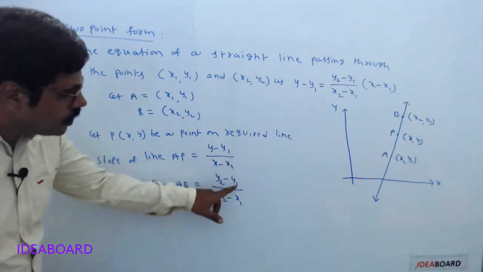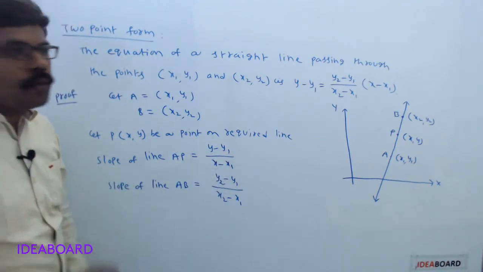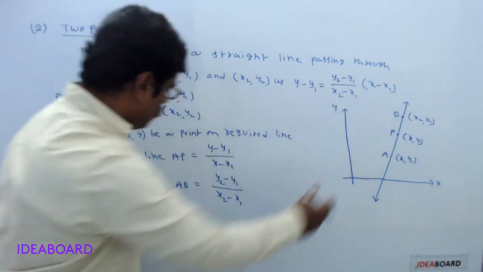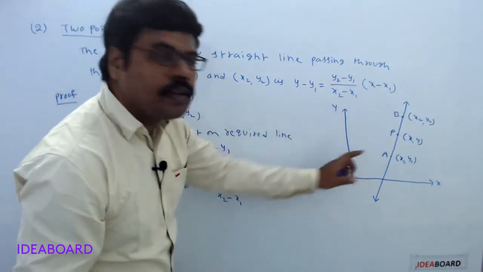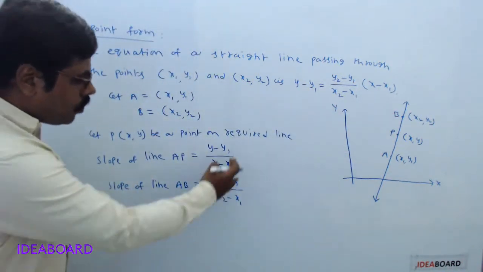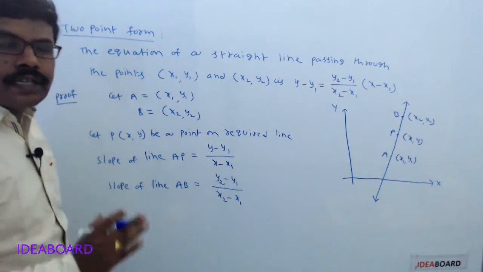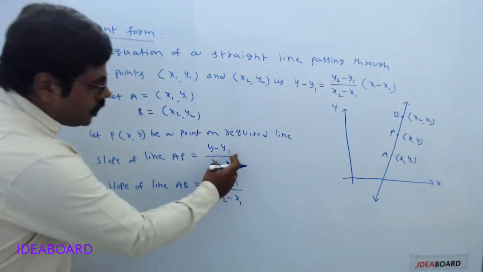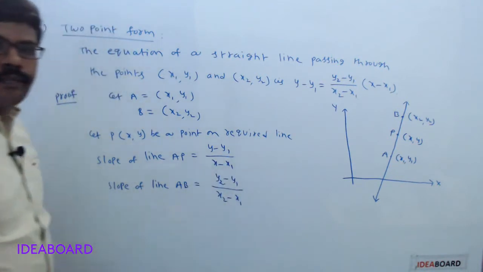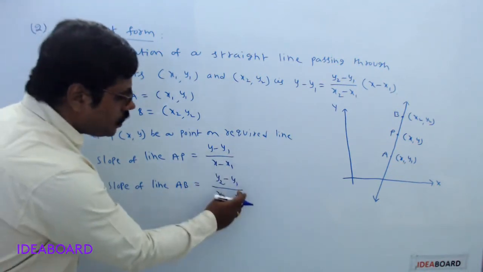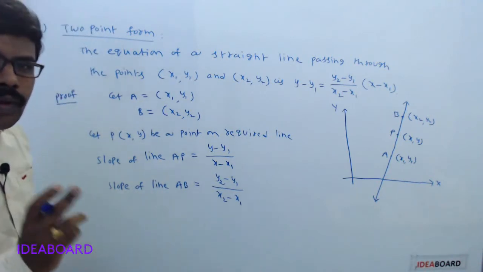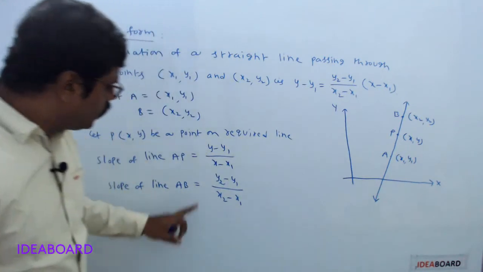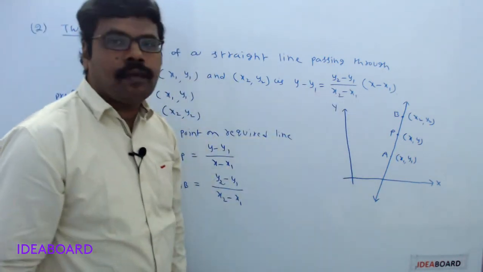Now, here and here we are writing the slope of the same line. This is the slope of AP, this is the slope of AB.